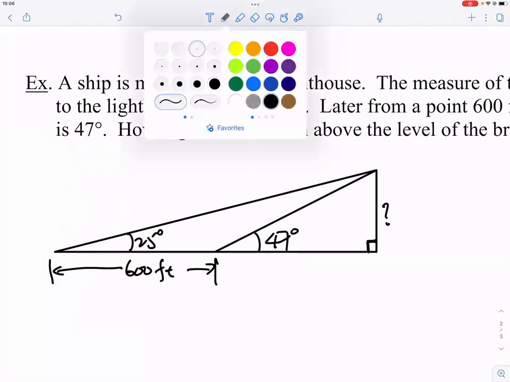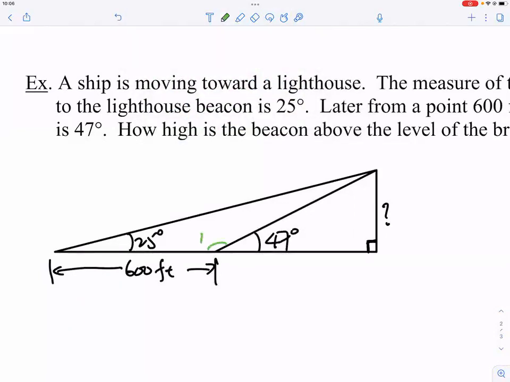The angle adjacent to 47 degrees is 133 degrees. What else? I think we can find this angle as well, right? So we have 180 minus 25 minus 133, and that is 22 degrees.